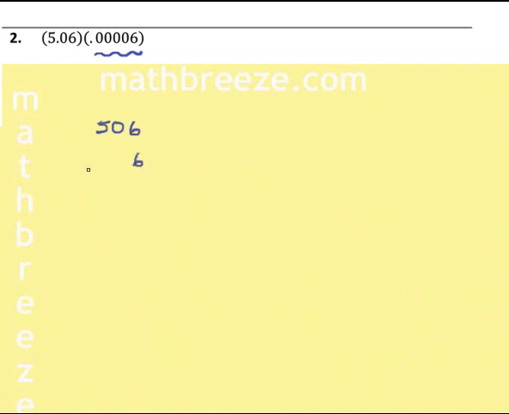And let's just write down 506, again, ignore the decimal, times 6, again, ignore the decimal, and we just have the number 6 here. Let's write that down, and then later in the product we'll work out the number of decimal places.